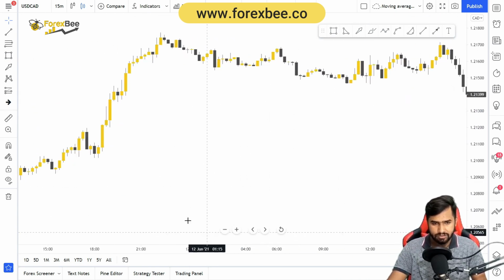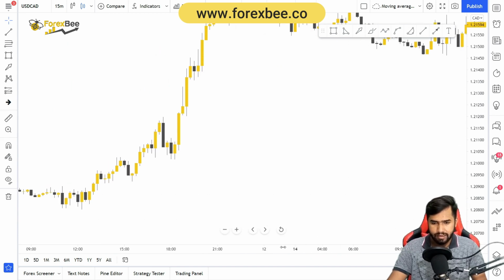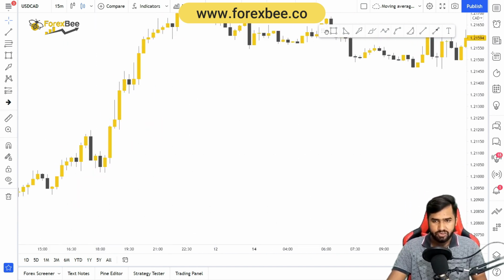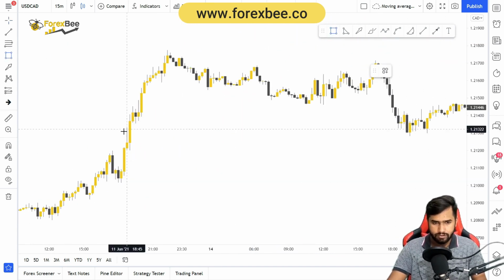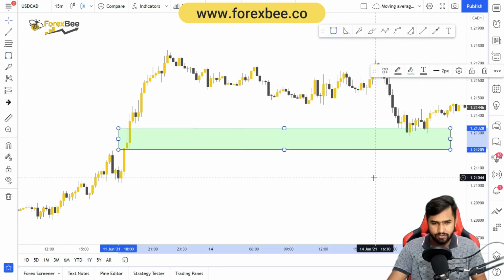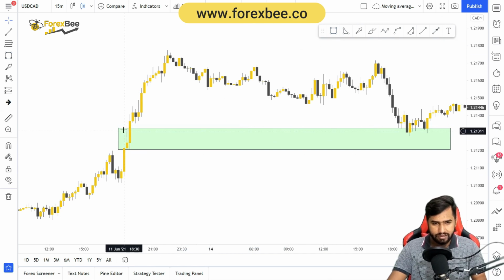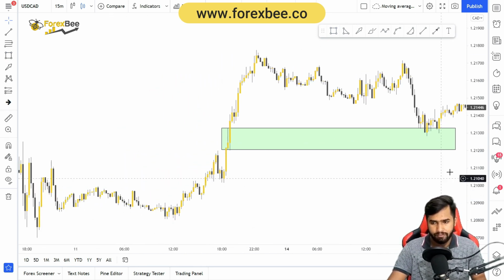So let me just zoom this in, and let me just draw that zone so that you can see. So this is our Rally zone. Okay, and what we need to do is again we need to confirm if this zone is a strong demand zone or a weak demand zone.